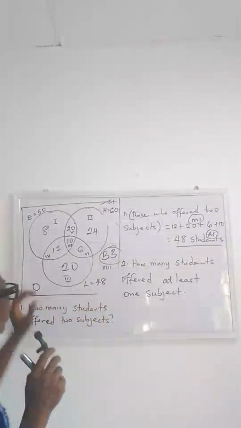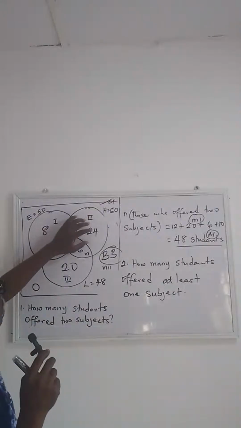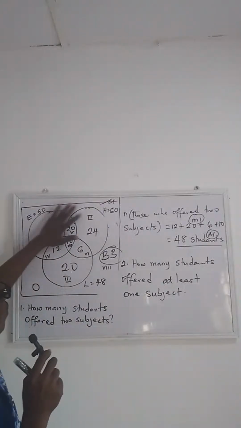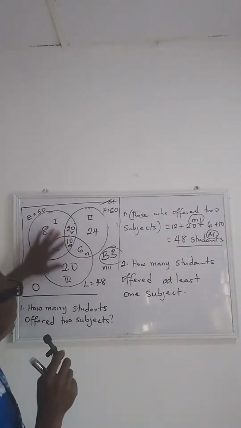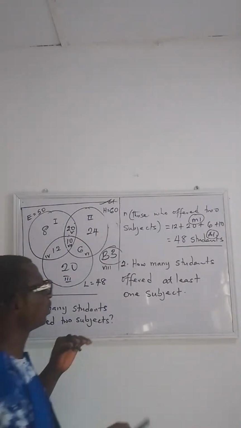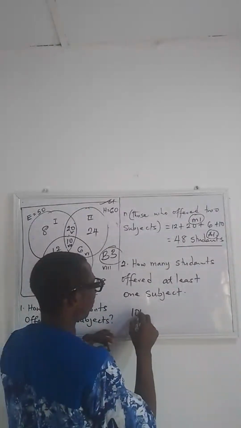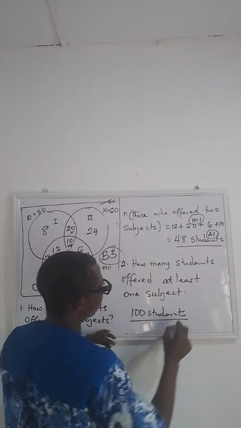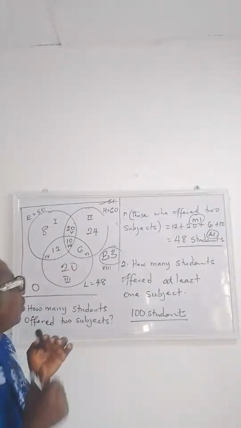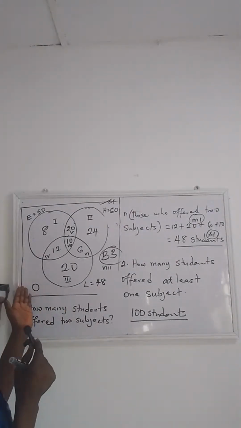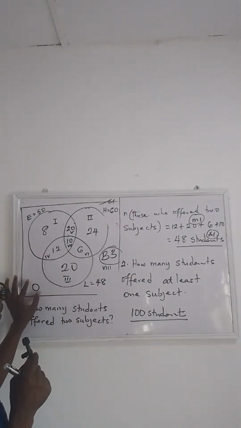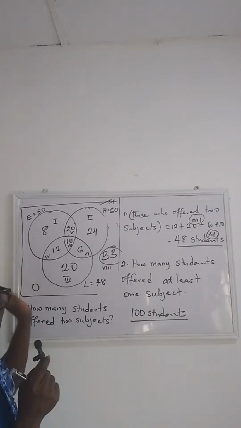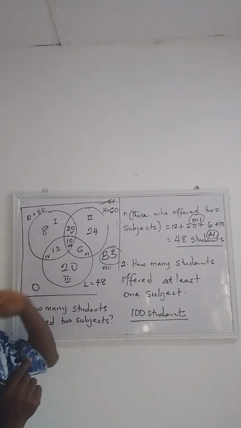So you just add everything we have here. By the time you add everything, your answer is going to be 100 students, because we don't have any student that did not participate in the examination.